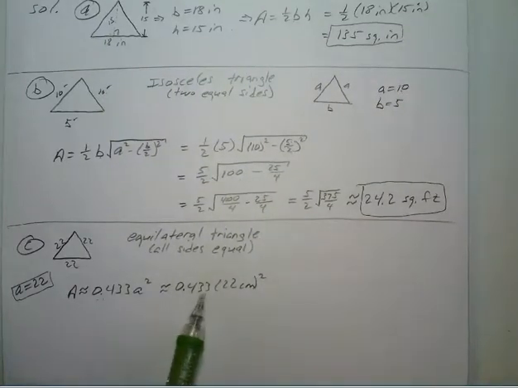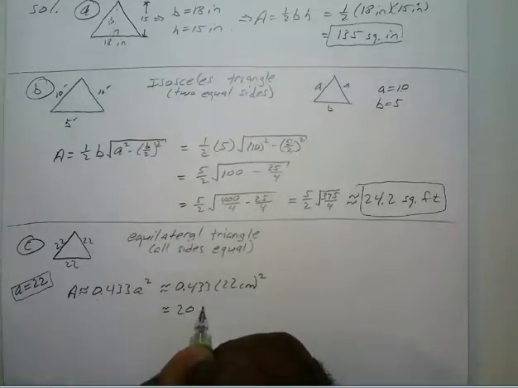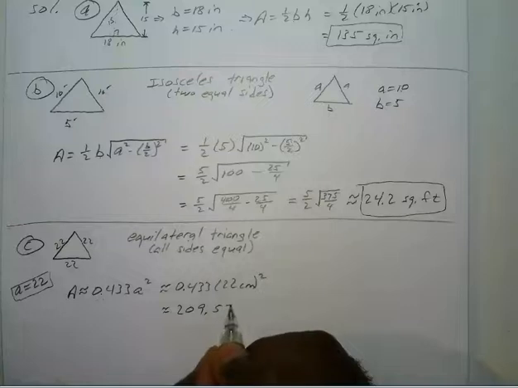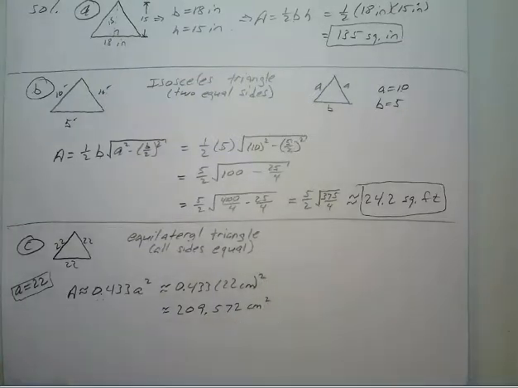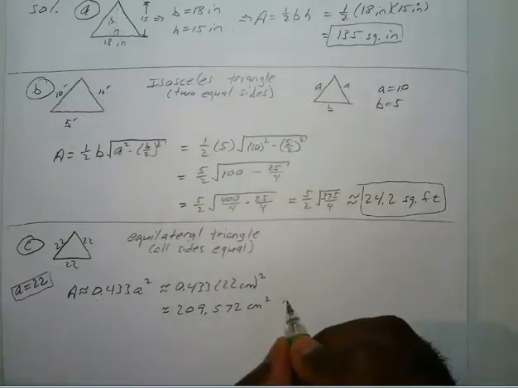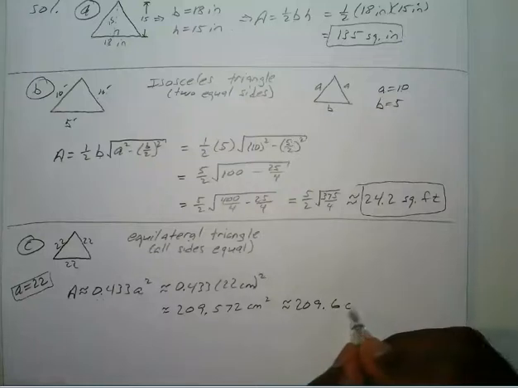Okay, so 0.433 times 22 will give us approximately 209.572, and centimeter squared is centimeter squared. And to round that to the nearest tenth, that will give us 209.6 centimeters squared.